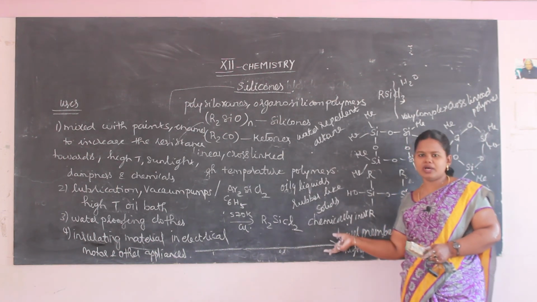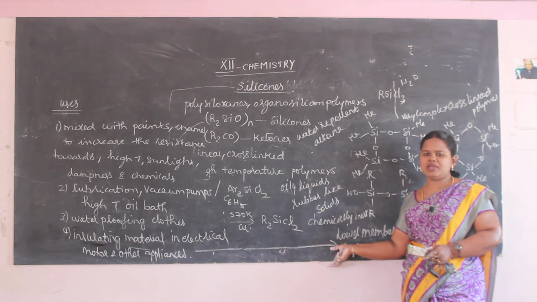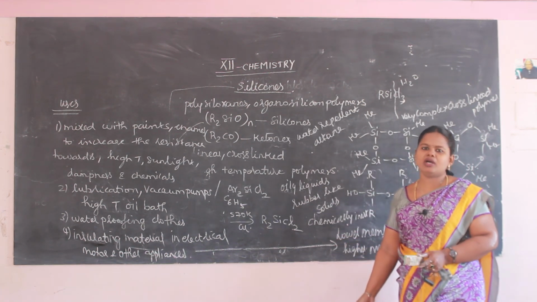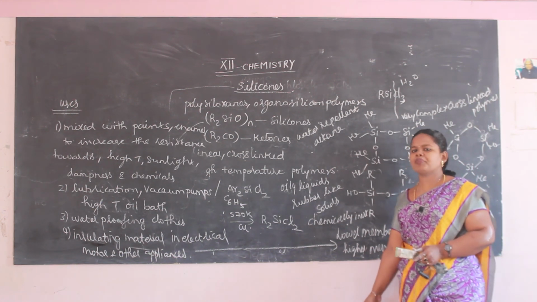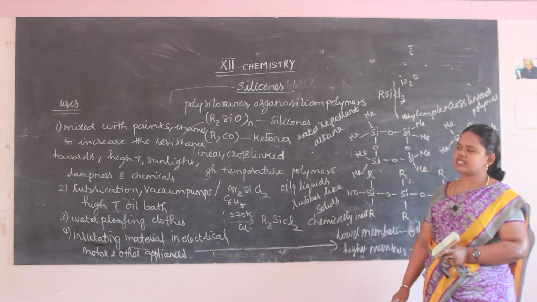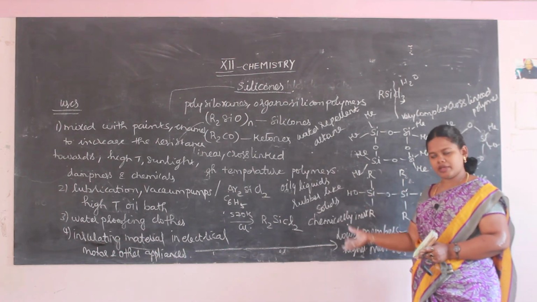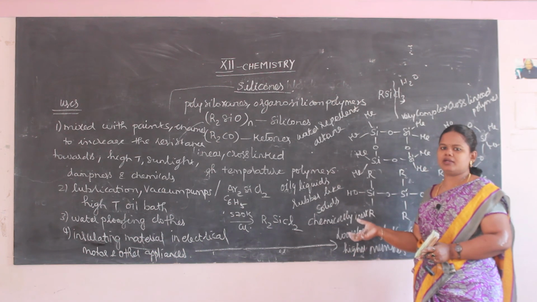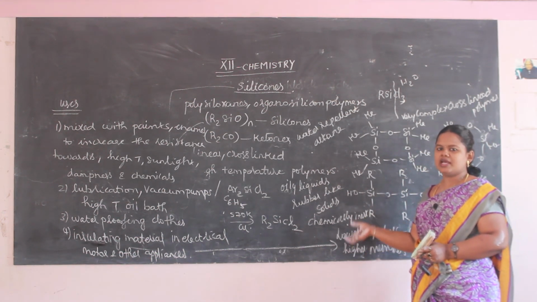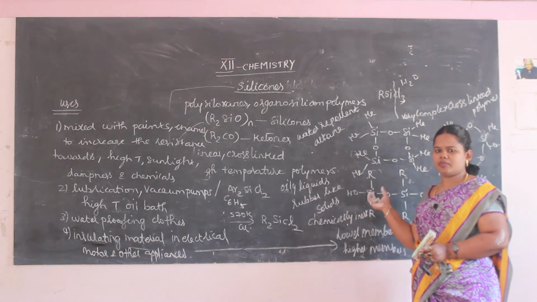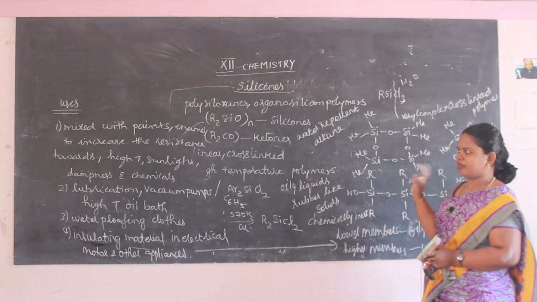Okay, so we have learnt the preparation, properties, types and uses of silicones. Very important. So for your homework, learn and write the preparation and properties of silicones. The properties, as I said: they are chemically inert, water repellent, lower members are oily liquids, higher members are waxy solids, and they are water repellent due to the presence of organic side groups. Those properties and the preparation, you write.